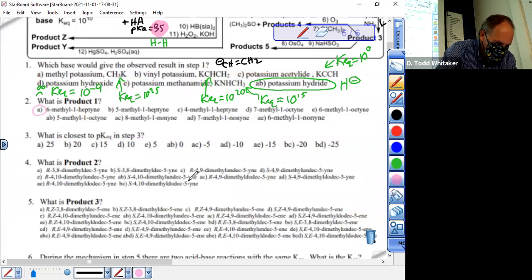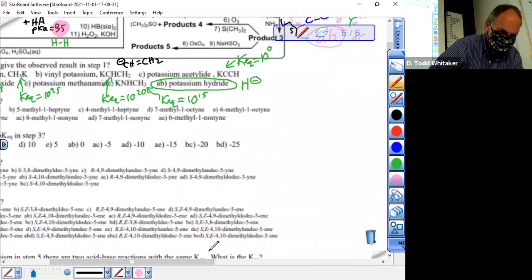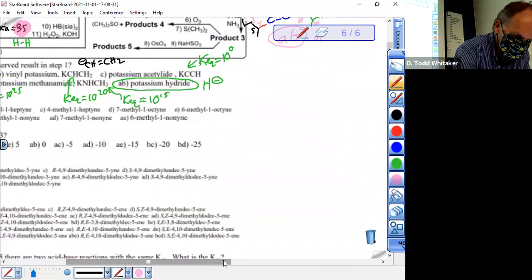Let's see, you said AB? S or E. 4, 10 dimethyl undec 5-yne, yeah. With what you know, A or B, or E, if stereochemistry is ignored.